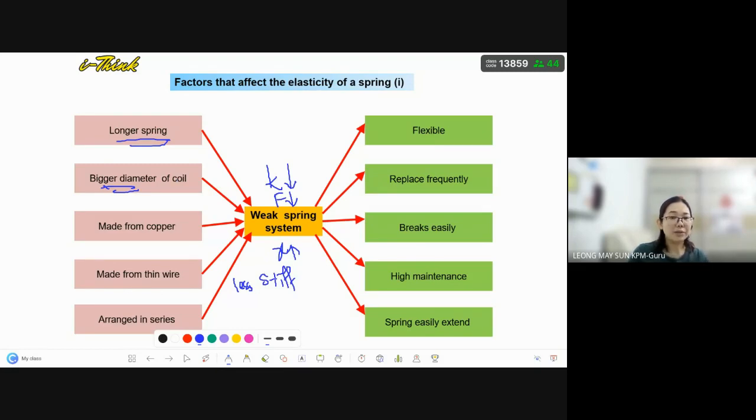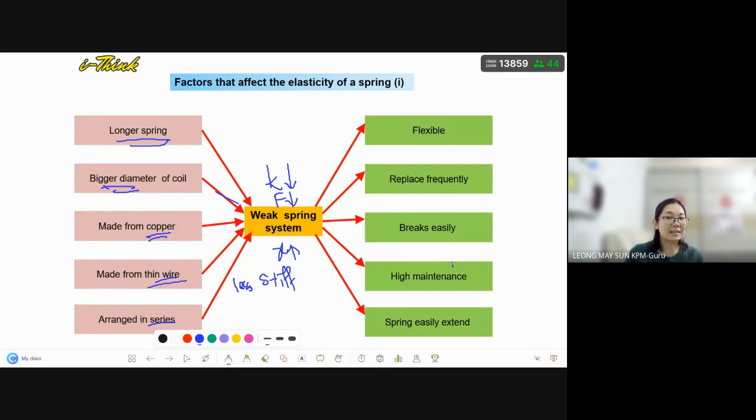So, how do you have less stiff? Less stiff means the spring is long, the diameter of the coil is big, it is made out of copper, it is made out of thin wire, and it's arranged in series. Higher extension. Okay? So, even though a longer spring means flexible, you need to replace it very frequently. It breaks very easily.